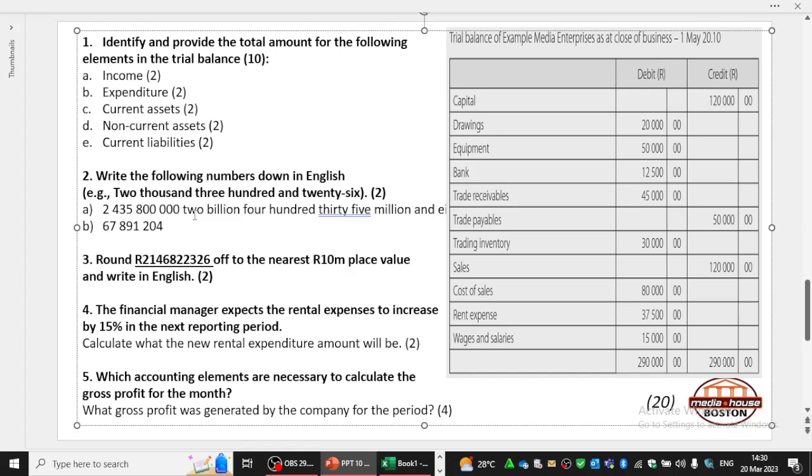Okay, mine is going that far, so it's 2,435,000,000 and 800,000. So that's how you get to read the amount.